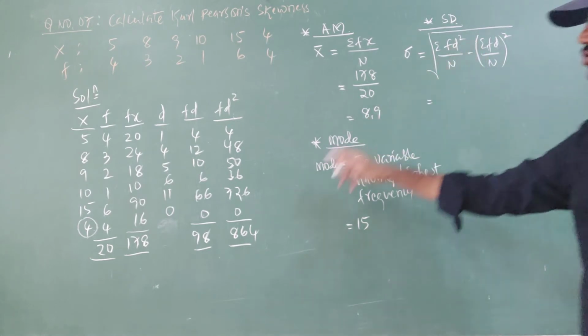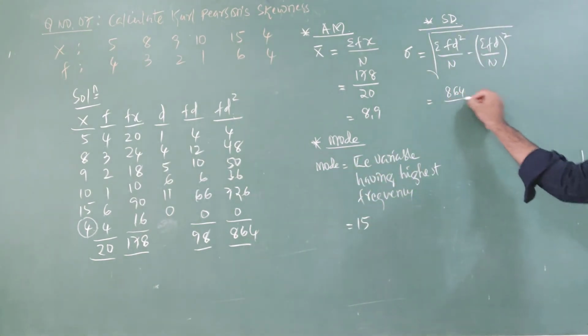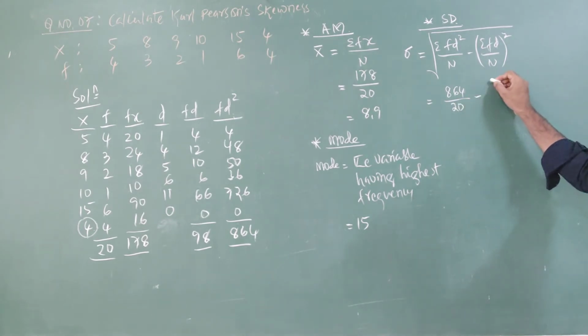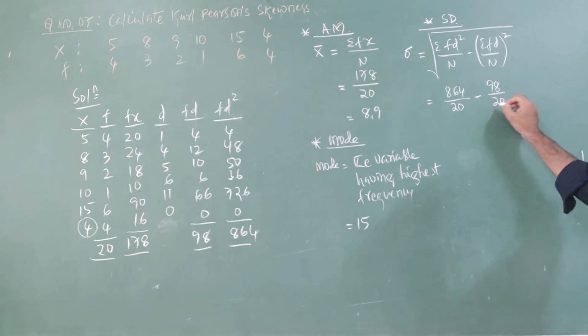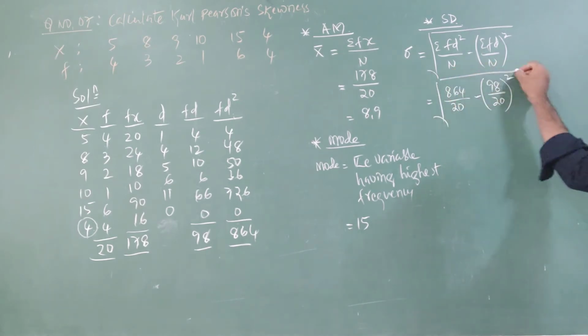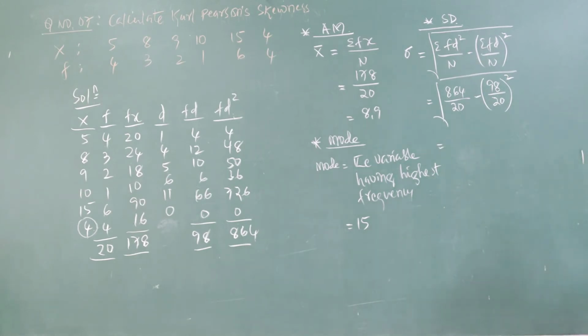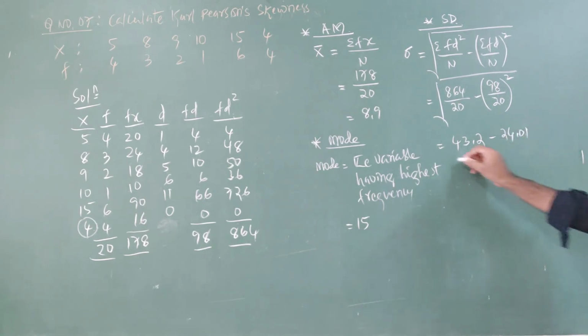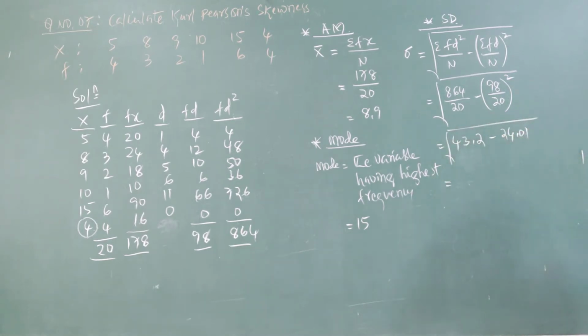Simplify: fd square is 864 divided by n, which is 20, minus fd, 98 divided by 20, whole square. 864 divided by 20 is 43.2, minus the square of 98 divided by 20, which is 24.01. Take the difference and remove the root, and we get 4.38. So 4.38 is the standard deviation.